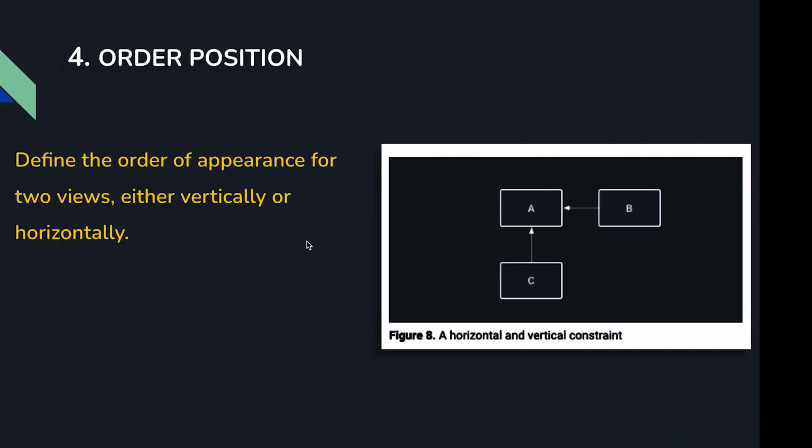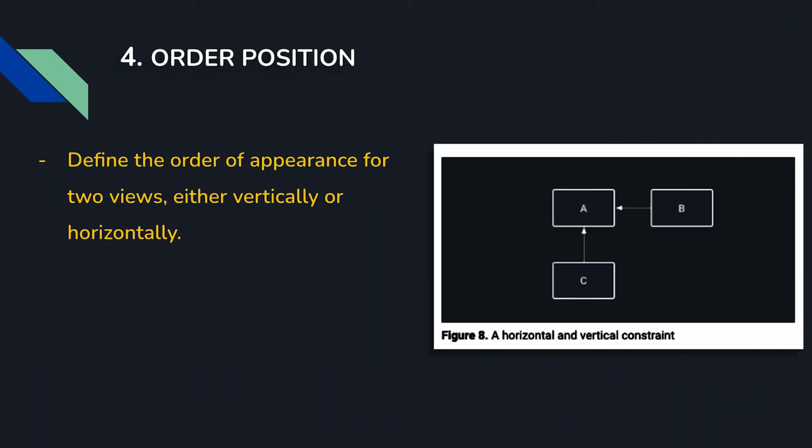Now we're talking about order position. What does it mean? Order position is about defining the order of appearance for two views, either vertical or horizontal. Here the black one is the parent layout.